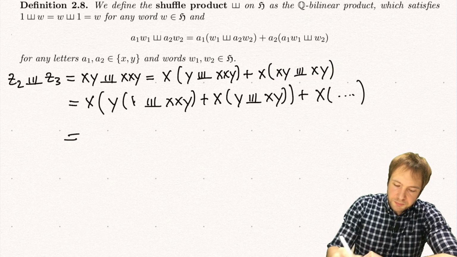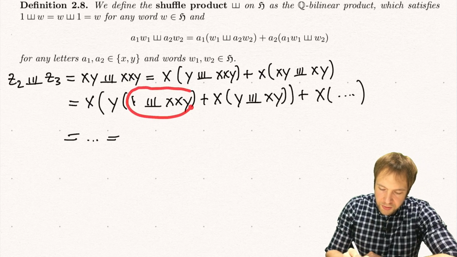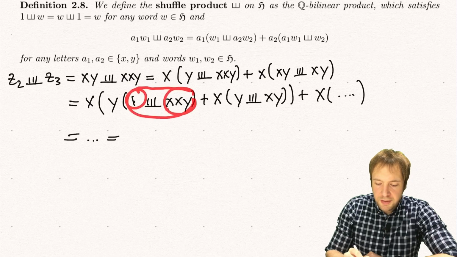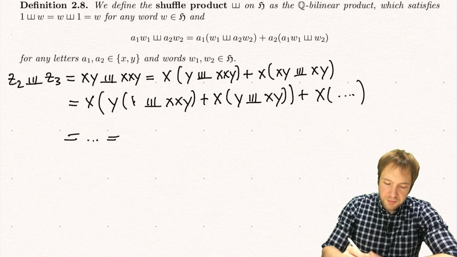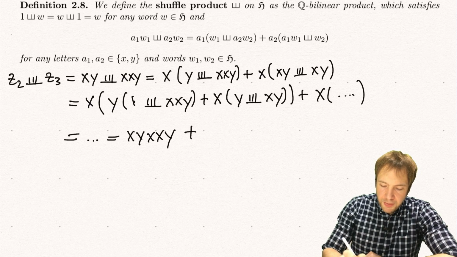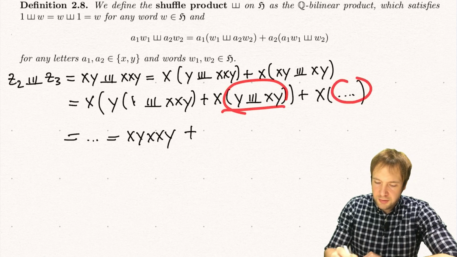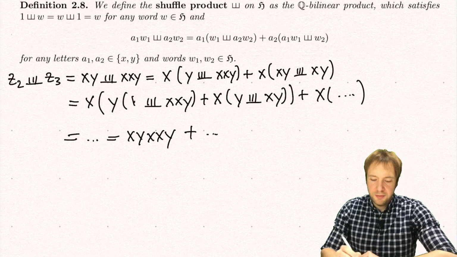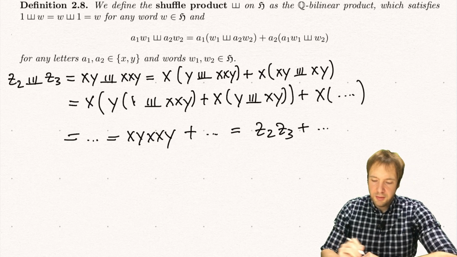And we see here, after doing some steps, one word we can already see is, the empty word shuffle with X, X, Y is just X, X, Y, so then we put Y on front, and X, so this gives X, Y, X, X, Y, plus, and then one would also need to multiply this out here, so one gets the rest. So this is exactly this Z2, Z3, and so on.